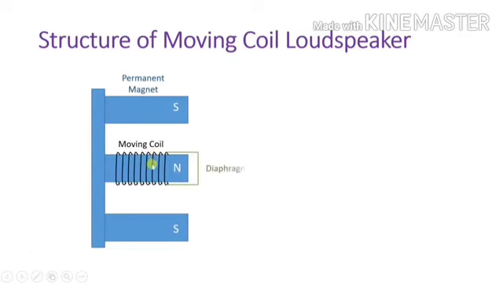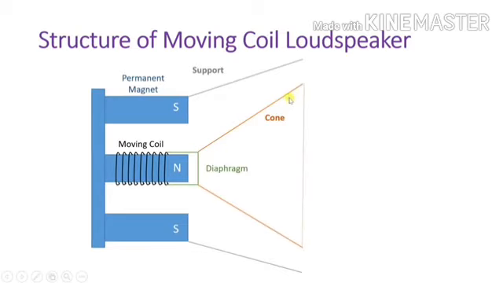Now you see this coil is connected with the diaphragm. So this diaphragm will vibrate as the moving coil exerts force on it. Based on the force by the moving coil, the diaphragm will vibrate here. Now this is the support which we are providing to the cone over here. You see this cone is connected with this diaphragm.